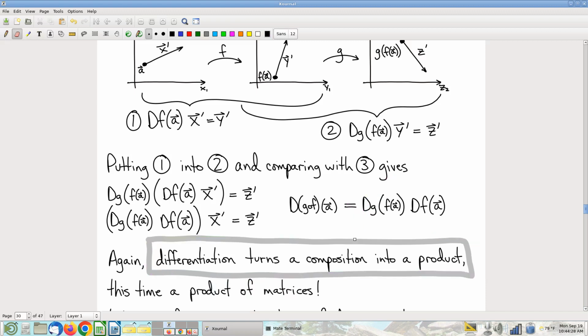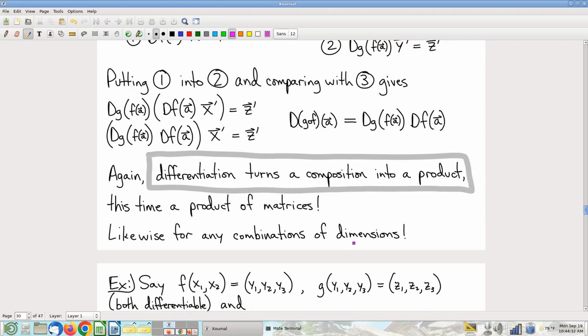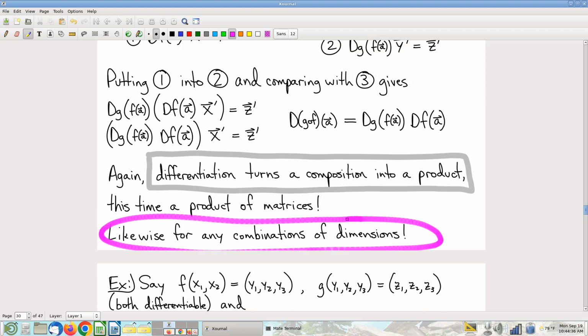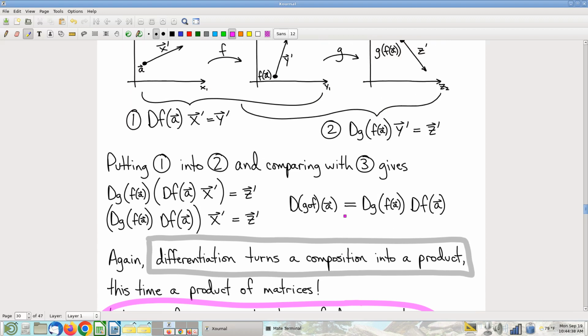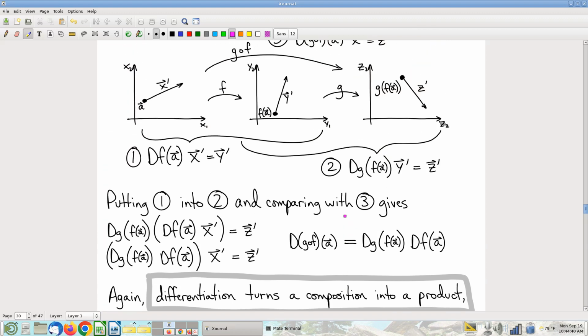Okay. How are we doing? All right. Real quick, notice that I did this example with 2 dimensions just because it's easier to draw the pictures, but there's nothing about the fact that this was 2-dimensional that was essential. Here, I'll make it 3-dimensional.